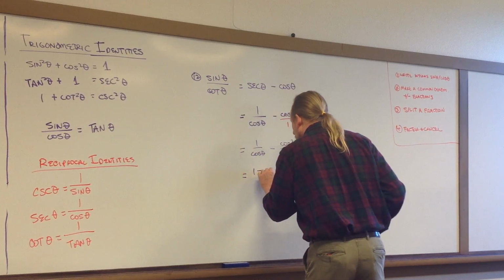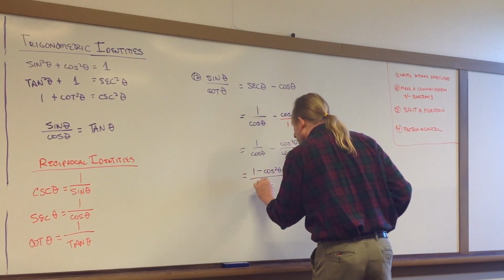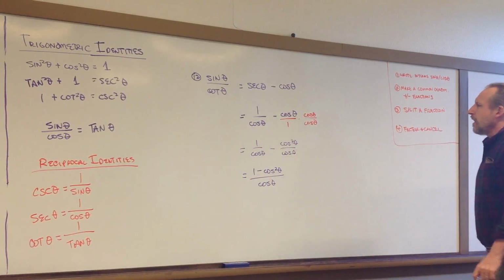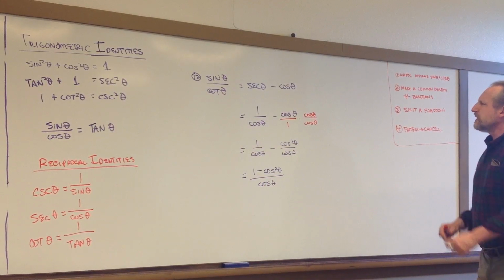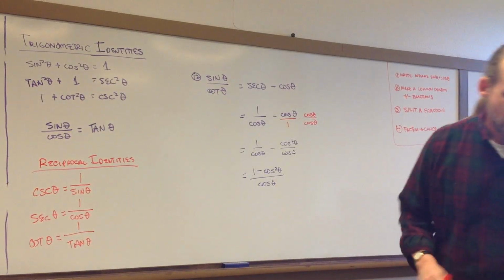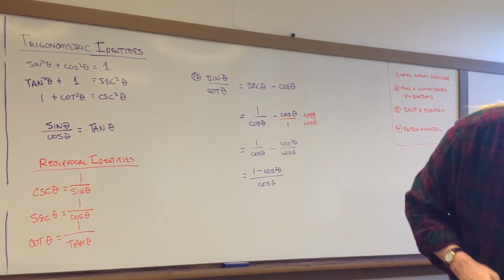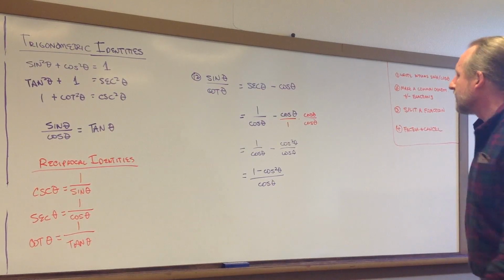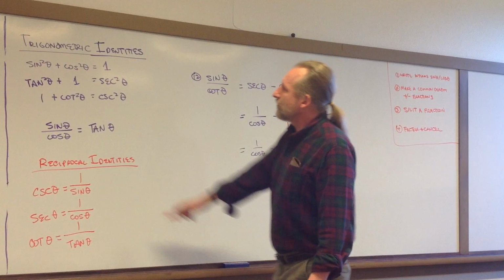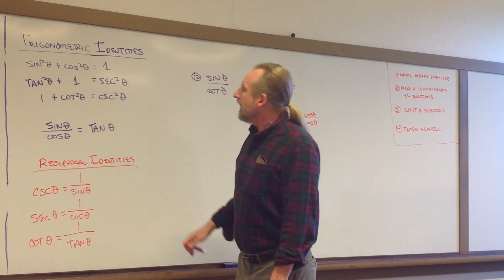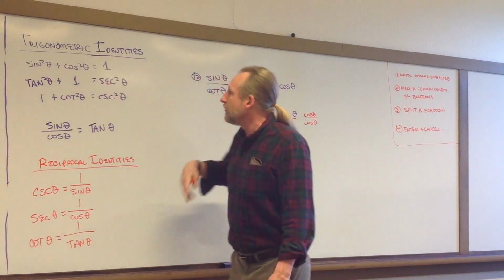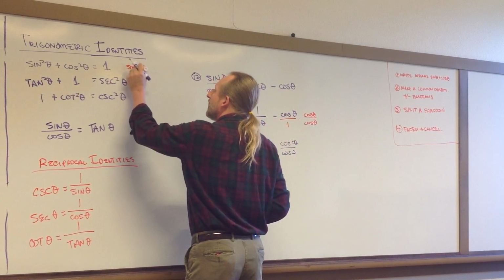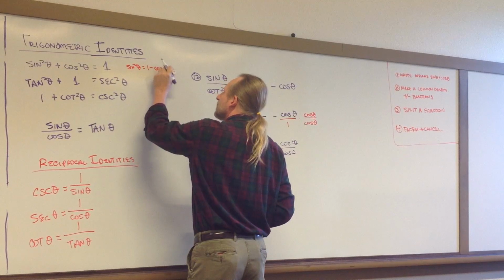And that's 1 minus cosine squared over cosine theta. Let's see what we get out of this. 1 minus cosine squared is sine squared, right? Now, these we know are true, and so we can restate these as, you know, sine squared equals 1 minus cosine squared.